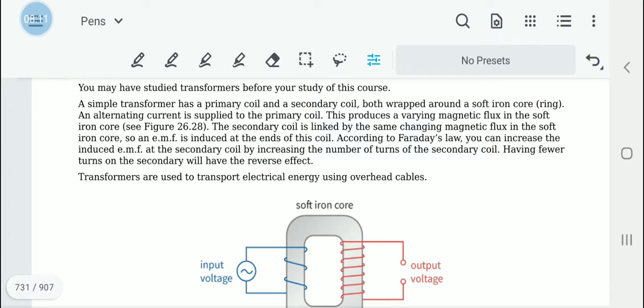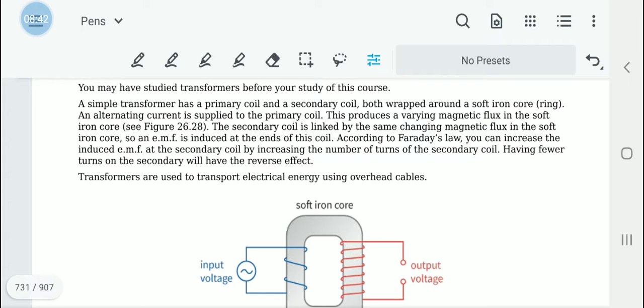The secondary coil is again linked by the same changing magnetic flux. So it also has a soft iron core. There is an EMF induced at the end of the other coil. We can increase the induced EMF in the second coil by increasing the number of turns of the secondary coil.